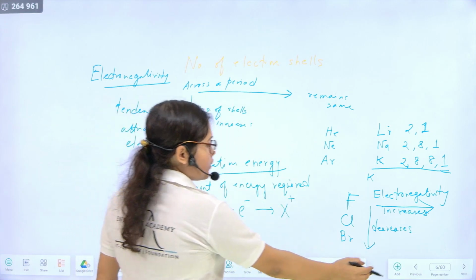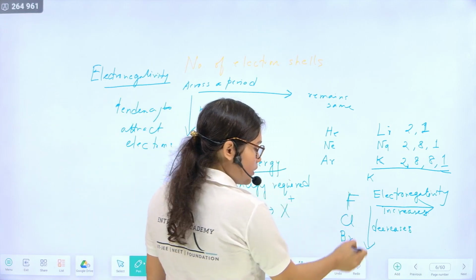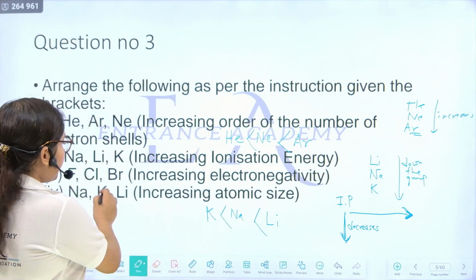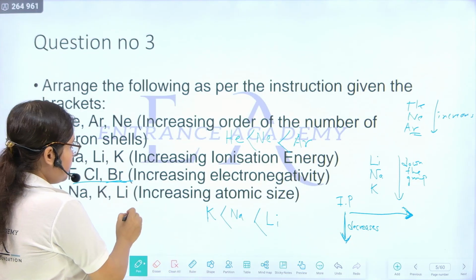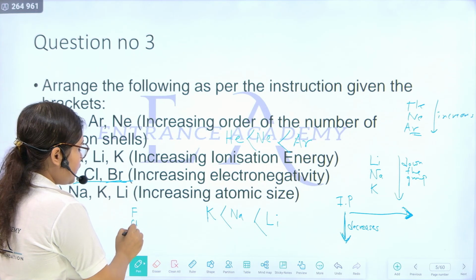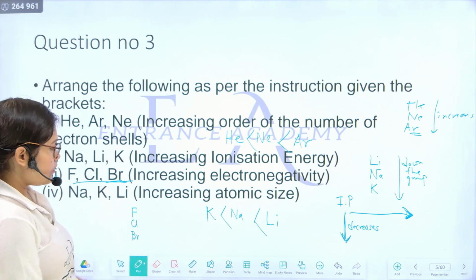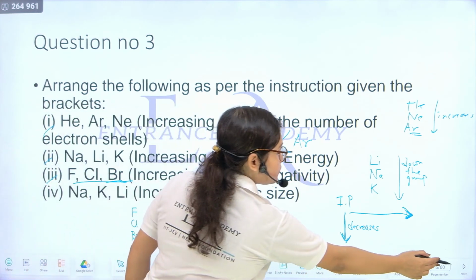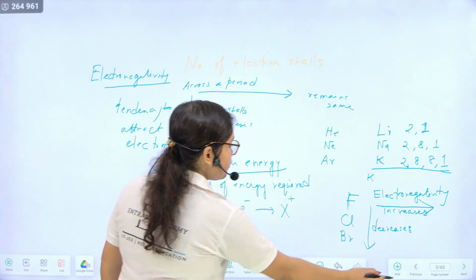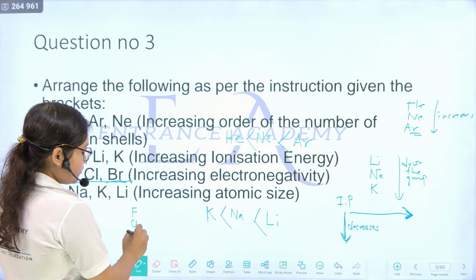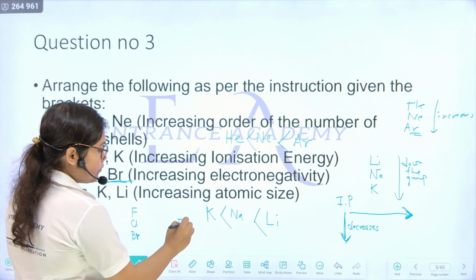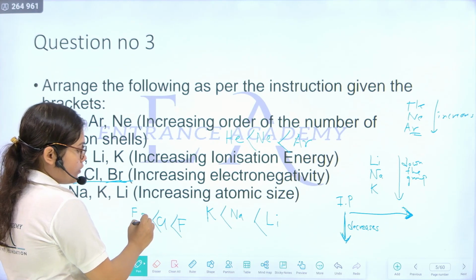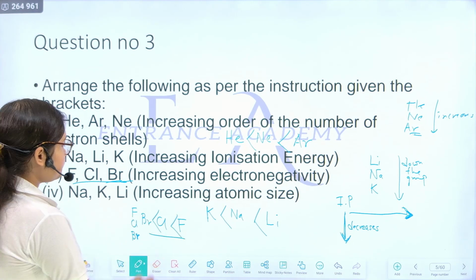So if this is fluorine, chlorine and bromine, the electronegativity is maximum in fluorine, then chlorine, and lastly bromine. So this is the trend.